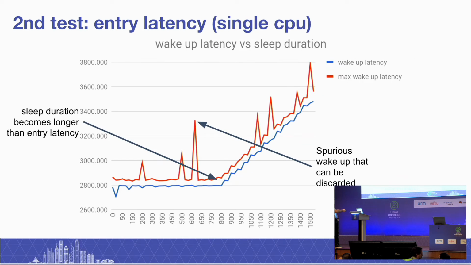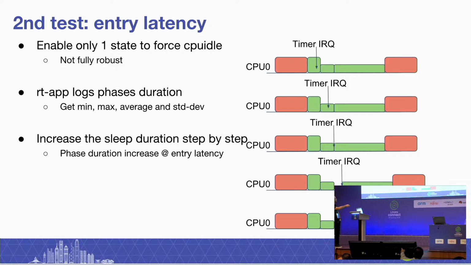As long as you are there, you are not going to idle, but you need to do the prepare, entry step, and exit step, which is constant. That's why we have this step. And once the sleep duration is longer than the prepare and the entry, we can see that the full round is increasing linearly.